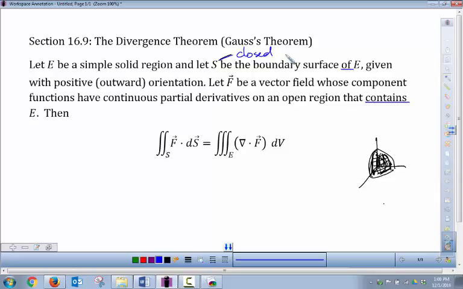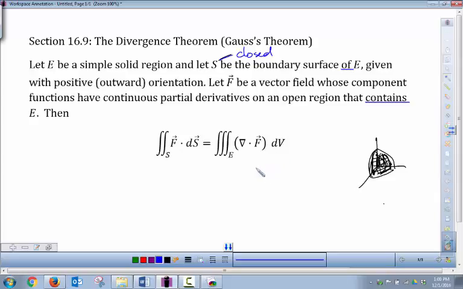All right, so F is a vector field whose component functions are continuous and have continuous partial derivatives in everything that's in the region that we're talking about. Then you have this statement. Notice that this is a triple integral dV.